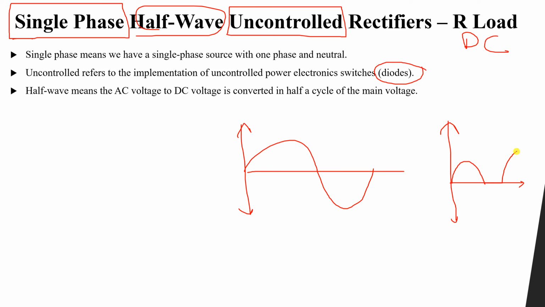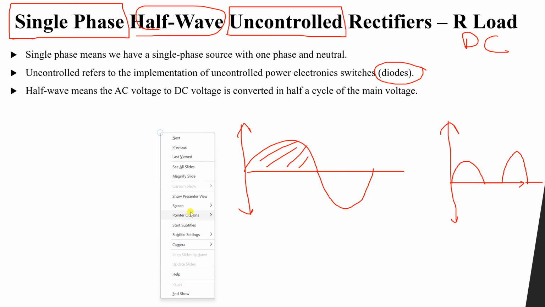So we will have positive, 0, and so on. Since it is half wave, only half of the sine wave is converted into DC. We allowed the first half and we blocked the other half.